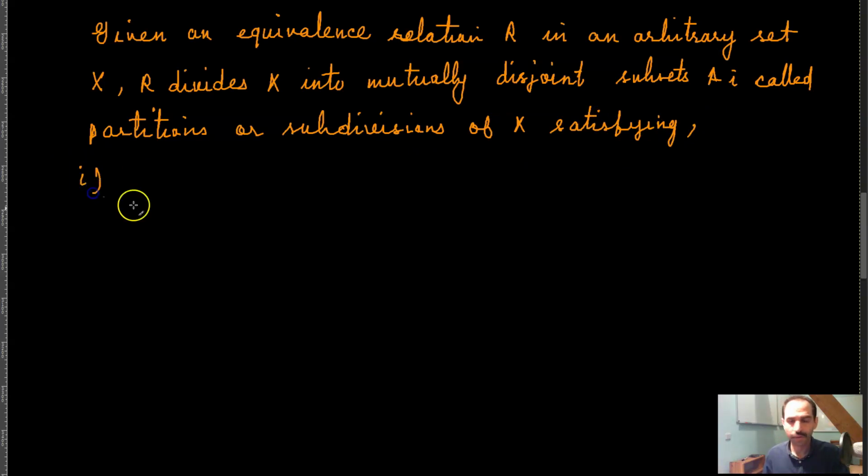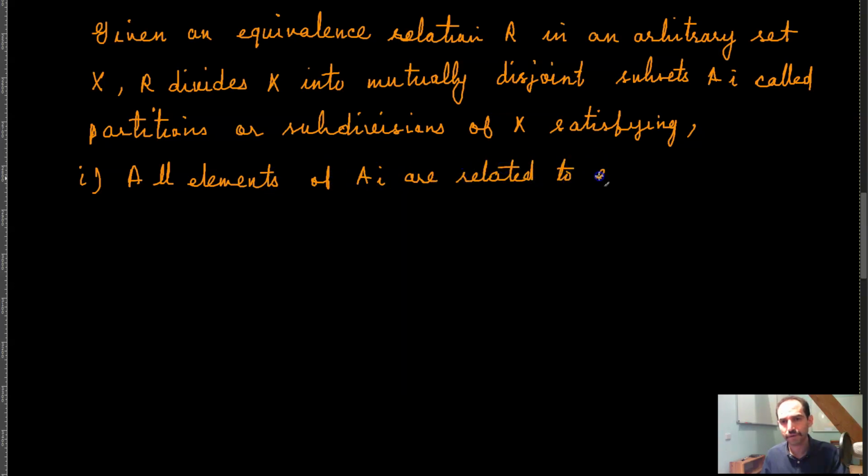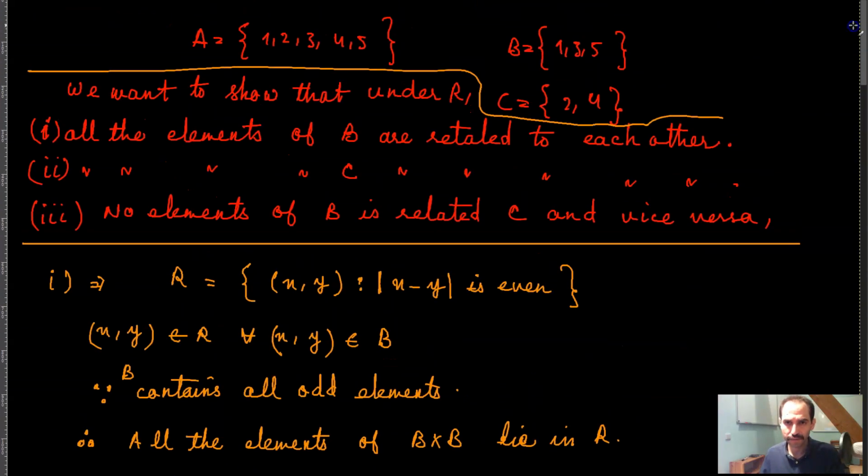Number one, all elements of A of I are related to each other, which is basically what we saw in the case of, for example, all of the elements of B, or all of the elements of C. They were all related to each other.